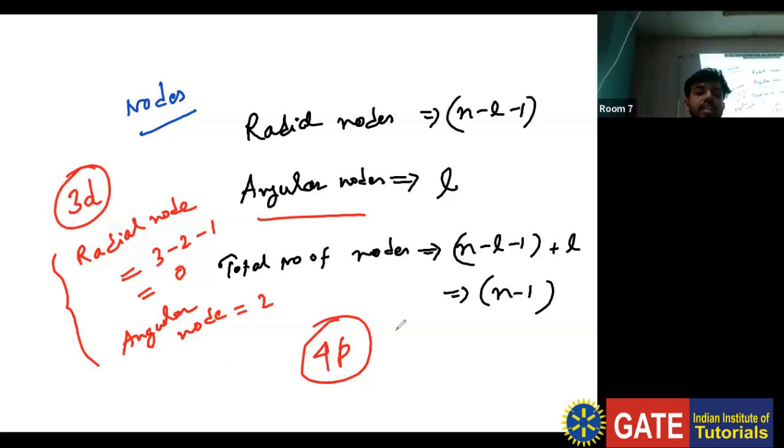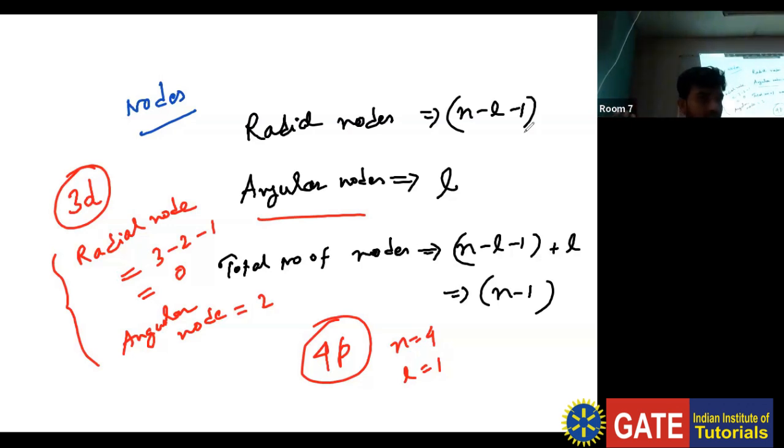For 4p, n is equal to 4, l is equal to 1. Submission you give today. Tomorrow I'll declare the marks and send you the answers, so you can see how to do it. If you have further doubts, you can come to me.